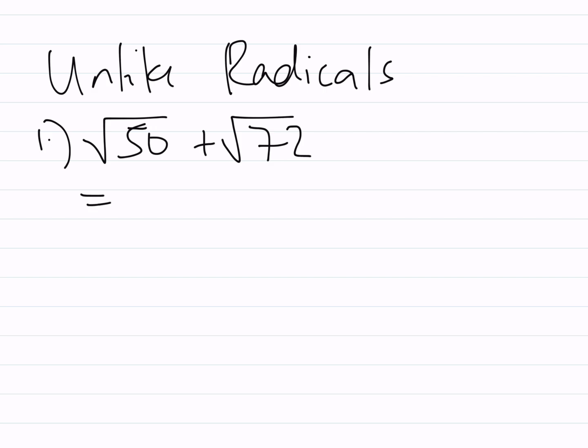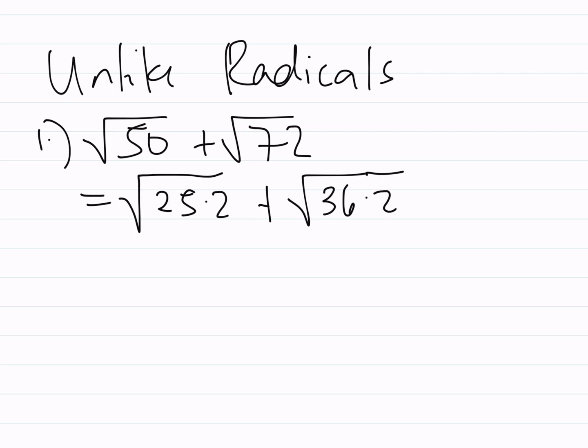Okay, the first thing that we need to do is find the factor of the radicand that has a perfect square. So the factor of 50 is 25 times 2 plus the square root of 72 is, so the factor of 72 that has a perfect square is 36 times 2. So get the square root of the factor that has a perfect square.